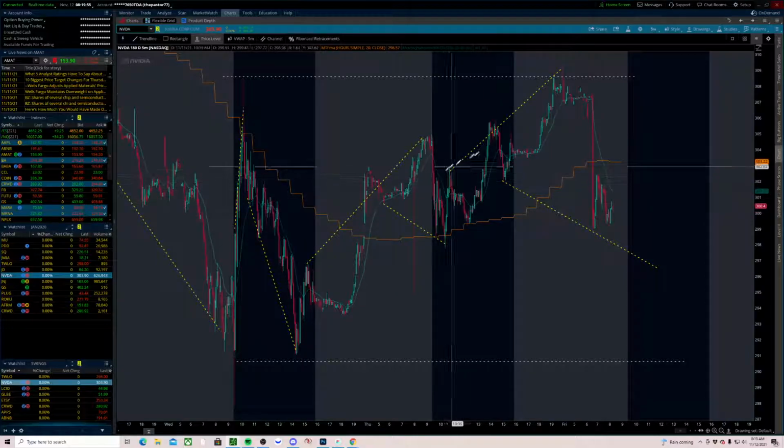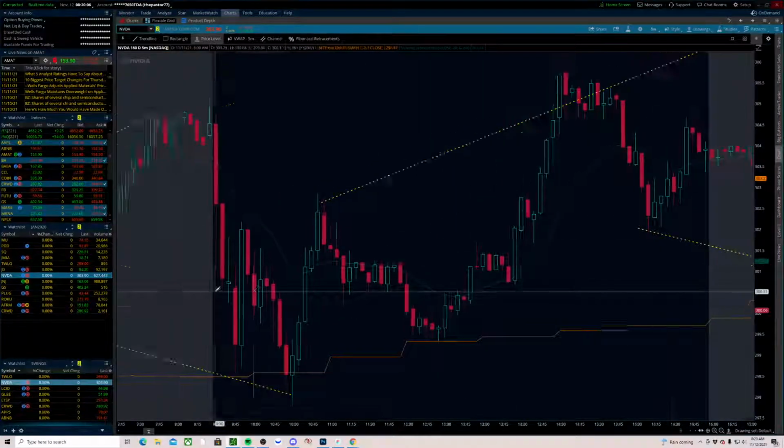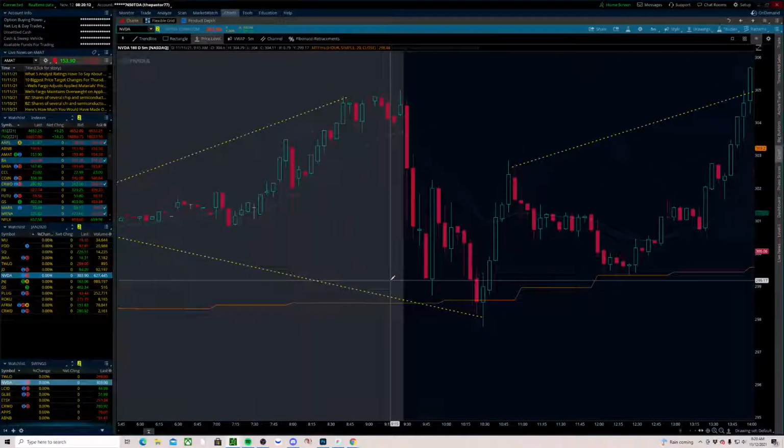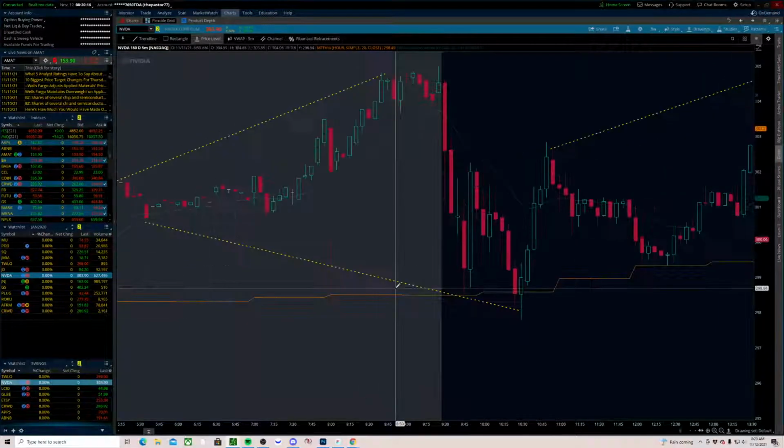It's so easy to, for instance, now if I went short here, and I did try to go short here, I would have panicked the moment it got to maybe here or even here, because you just tend to panic.